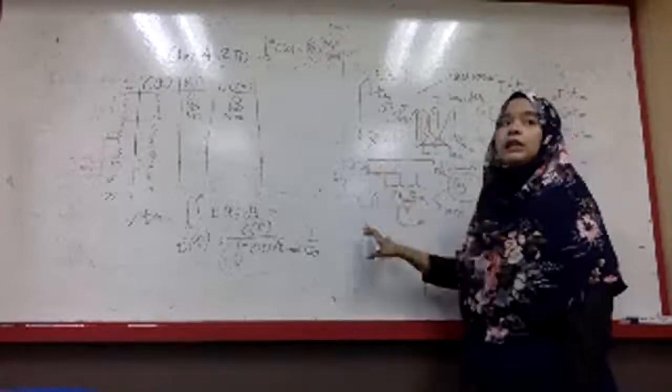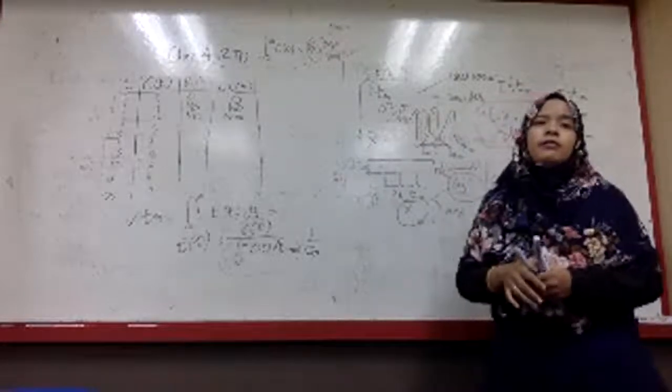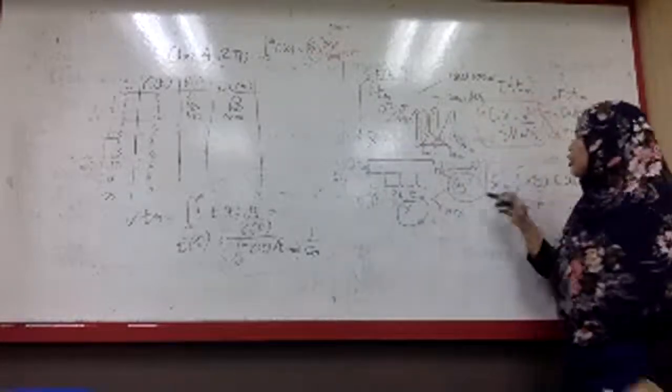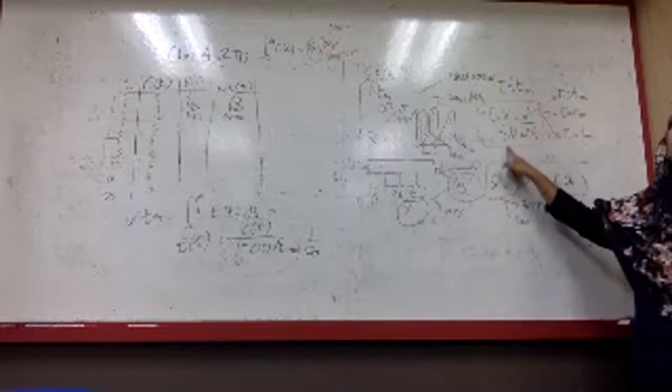It's leaking, or some doesn't enter, right? Okay. So bypass channeling affects the volumetric flow rate.